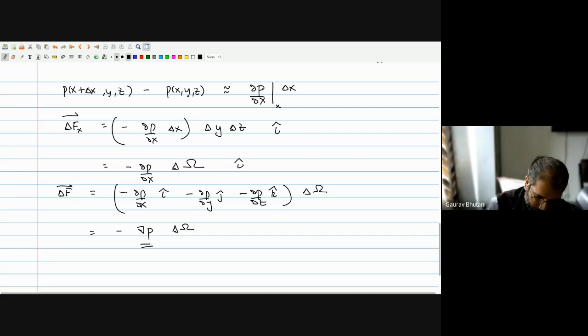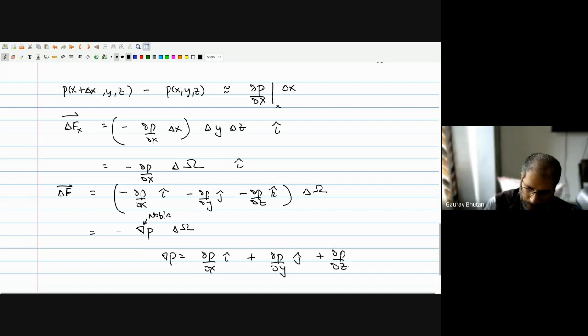My life becomes difficult. But let us say this symbol, this upside down triangle, is called the nabla symbol. When you put it on the left hand side of a scalar, that gives you this quantity: del p by del x in i direction, del p by del y in j direction, and del p by del z in k direction.